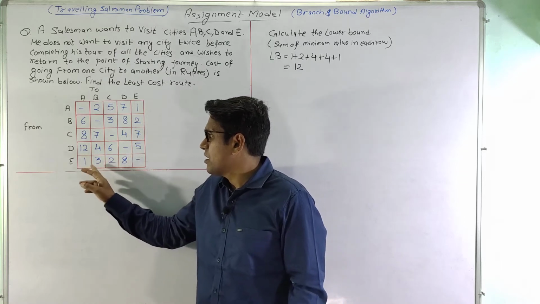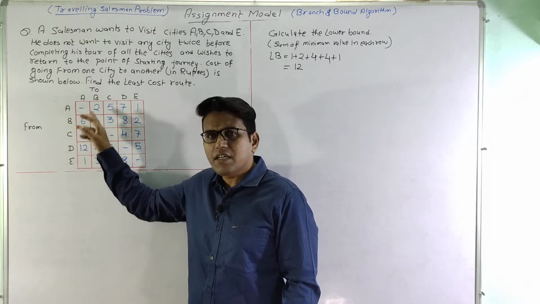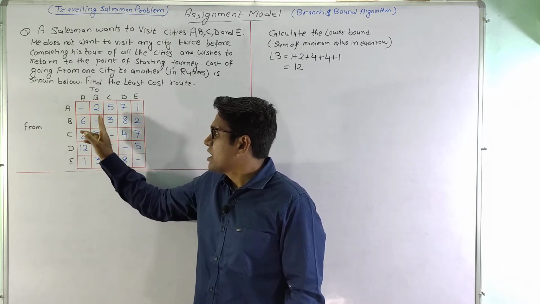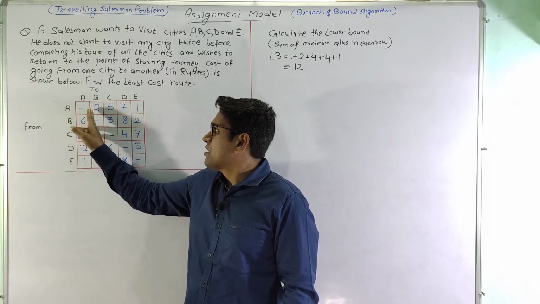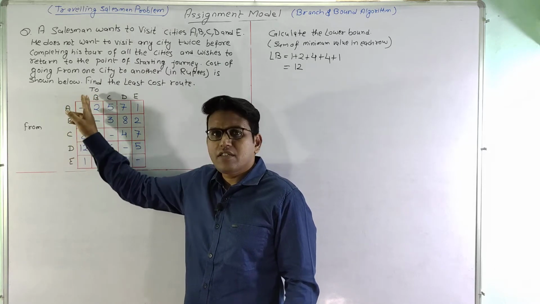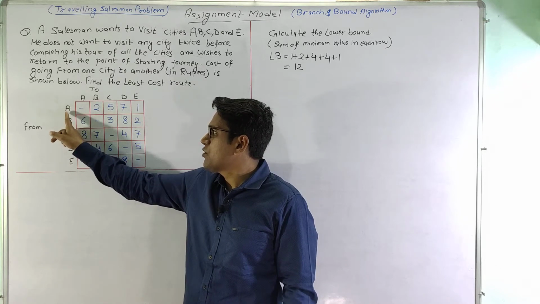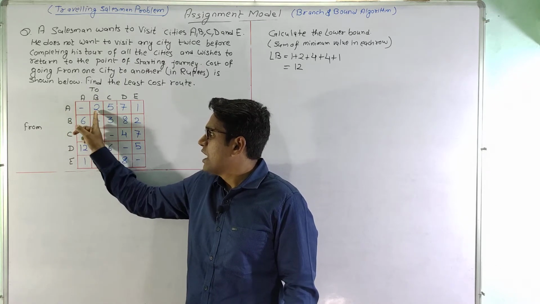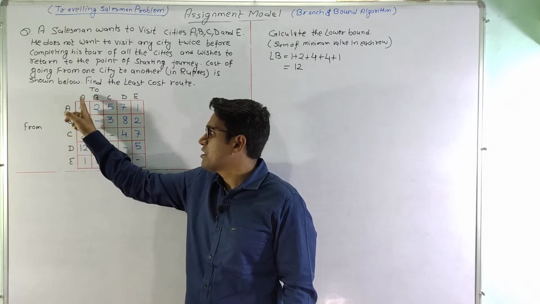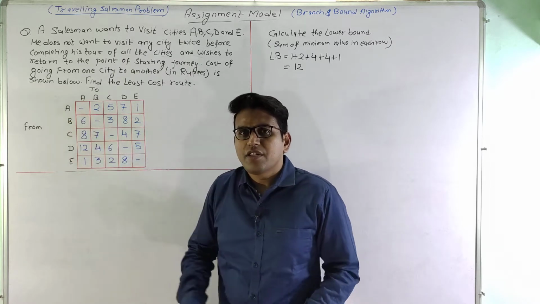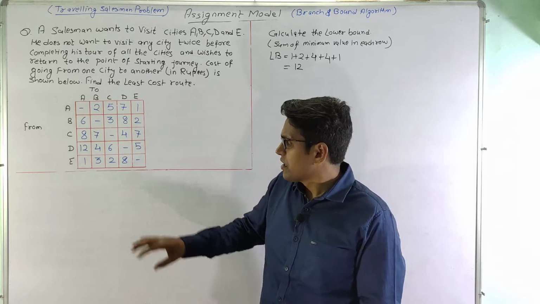So this is the value of lower bound, and in this particular matrix we can see that this is an asymmetrical matrix where the cost is dependent on direction. That means if it is going from A to B the cost is rupees 2, and if it is returning from B to A the cost is rupees 6. So it is depending on certain criteria.